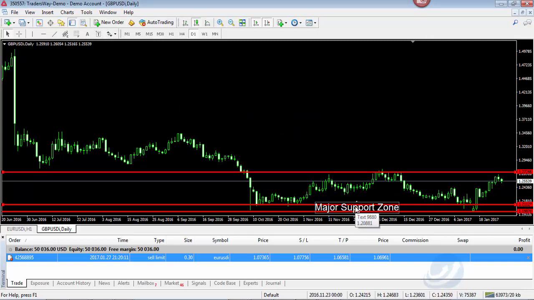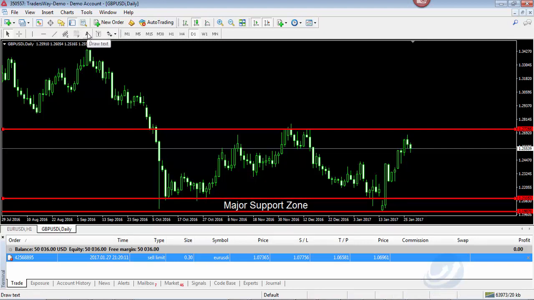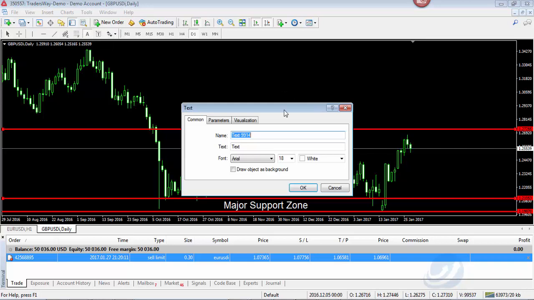Double click and drag, and then we drop it right there. And then we can go back to the draw text, and then we type major resistance.